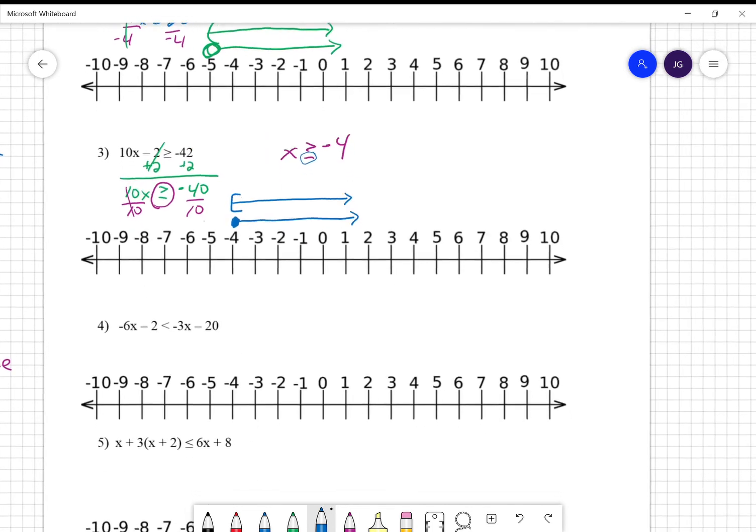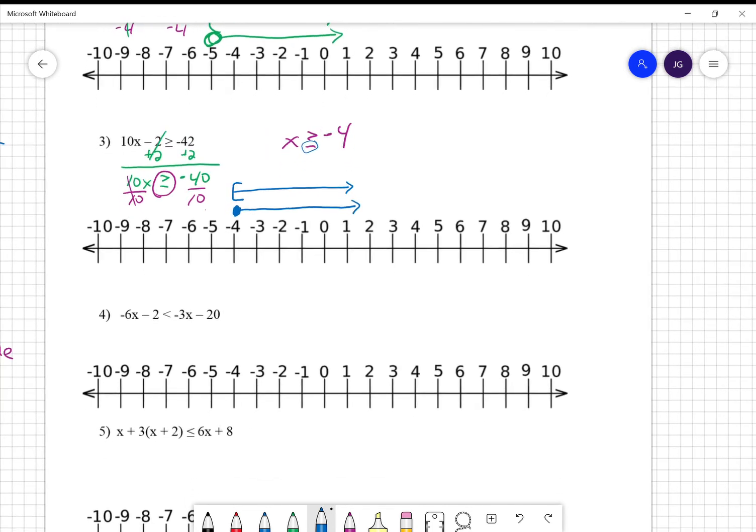Number 4, I have x's on both sides. -6 is smaller, so I'm going to add 6x to both sides. I get -2 is less than 3x minus 20.